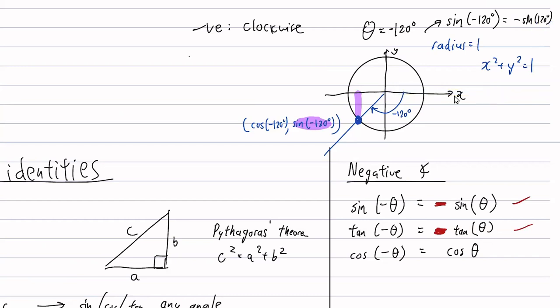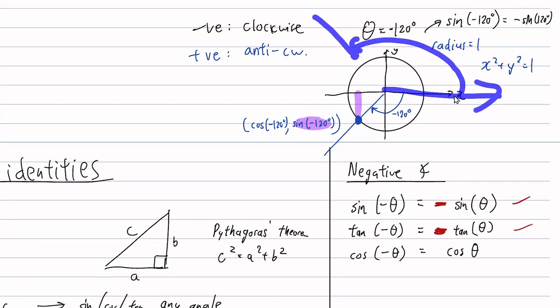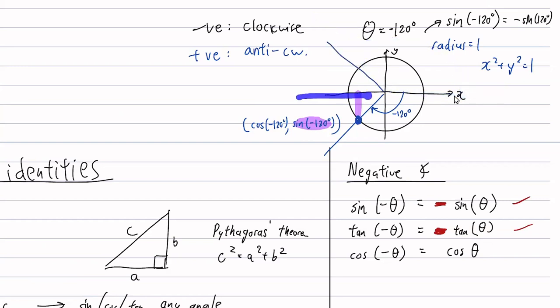Anti-clockwise. Very good. So for a positive angle, you go anti-clockwise. So you turn from here 120 degrees until you land here. Let's just draw that line. By symmetry, 120 here, 120 there, these two lines are reflections.